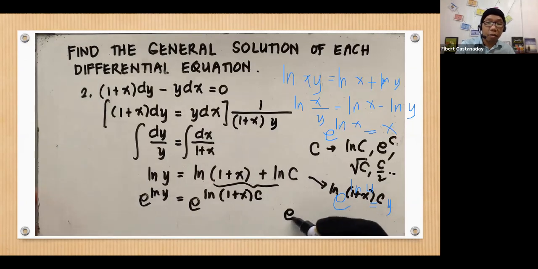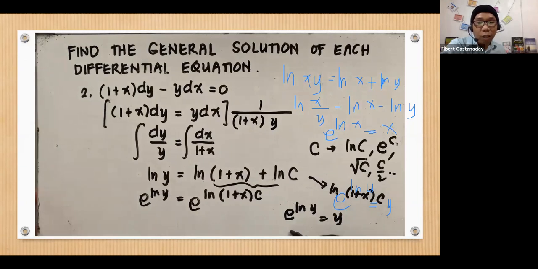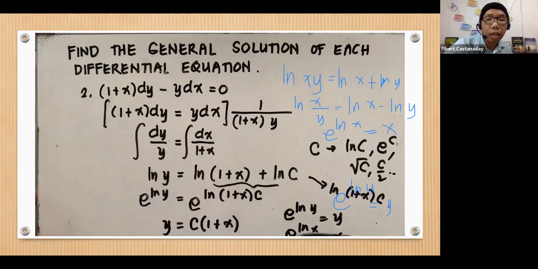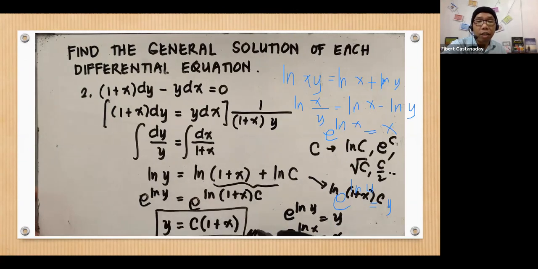So e raised to ln of y is y, and e raised to ln of x is x. Remember this property. So we apply it here: y equals the product of the arbitrary constant c times 1 plus x. This is now the solution to this first order differential equation.